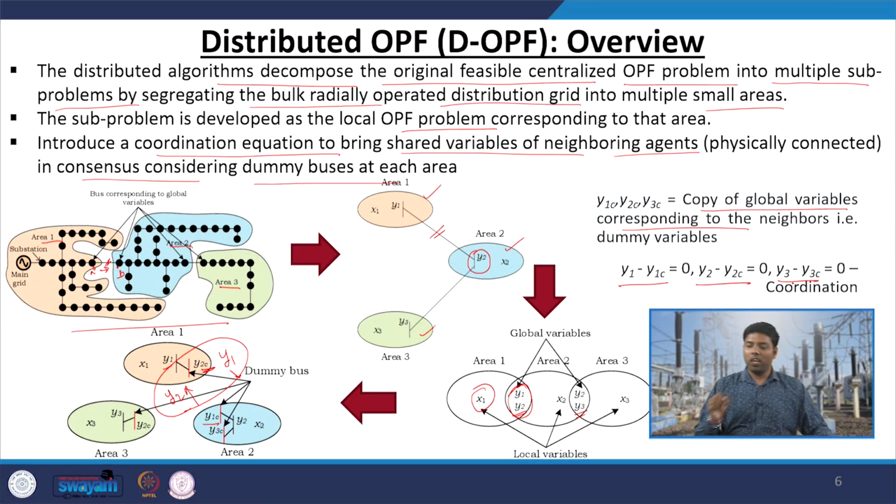That means, whatever data you are sending and whatever data you are receiving, they are both equal. That means, the newly derived updated data and the previously copied data you shared with your neighbor, if you are not updating from the decision, then you have reached your optimal value. That is the coordination equation.